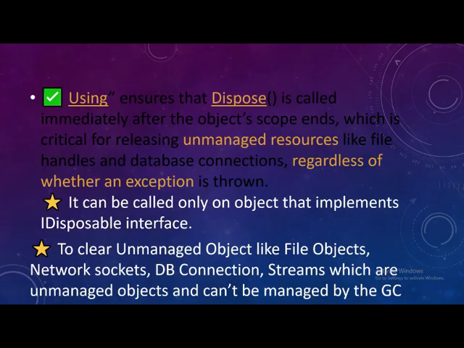The other thing is, when you use the using block, even when any exception occurs, it ensures that the object is disposed, and I will explain this later. The key is, it can only be called for an object that implements the IDisposable interface.